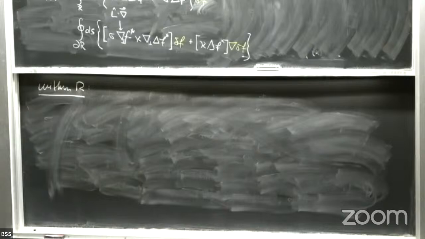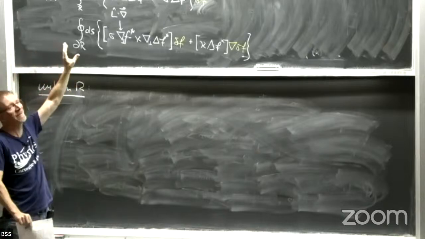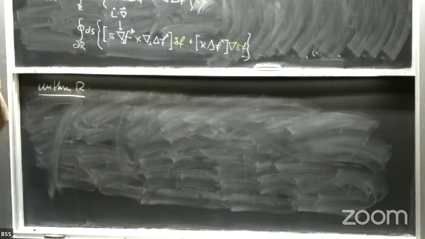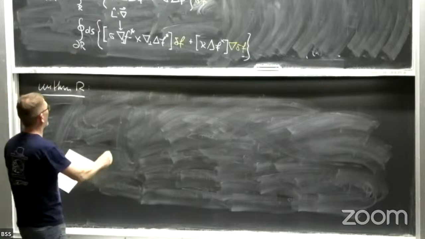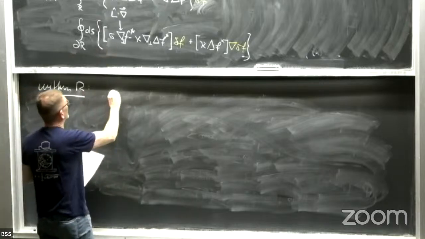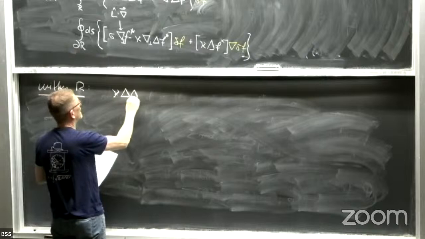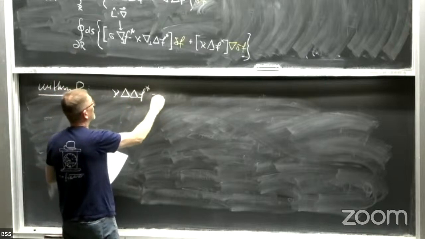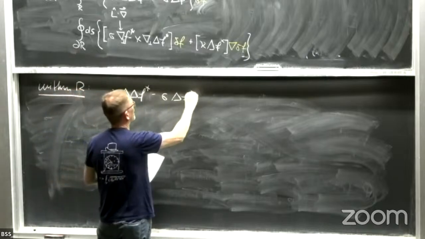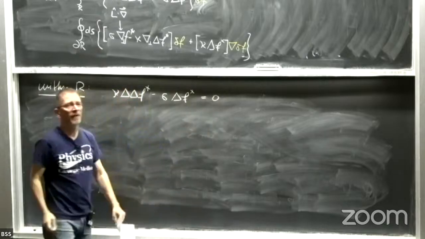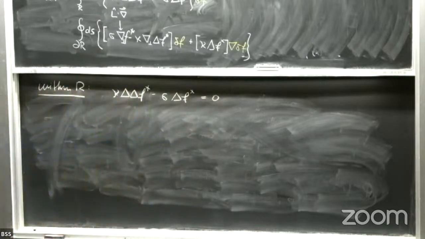The only way that integral will reliably vanish is if the yada, yada, yada is 0. Okay? There's a better proof of this, but we're good for now. And so setting this to 0 tells you that kappa delta delta f star minus sigma delta f star is 0. That's a differential equation.